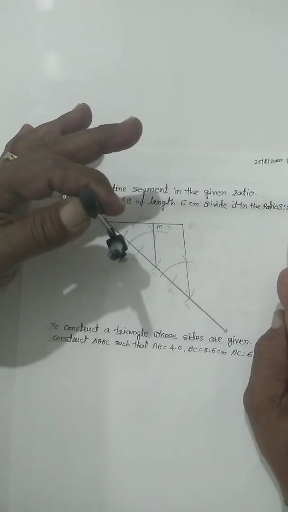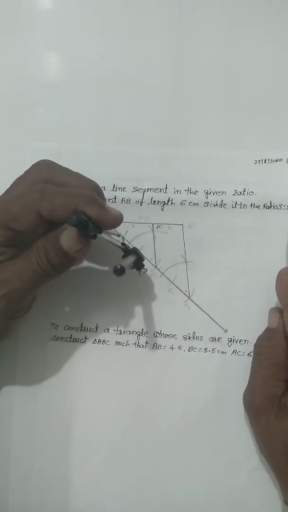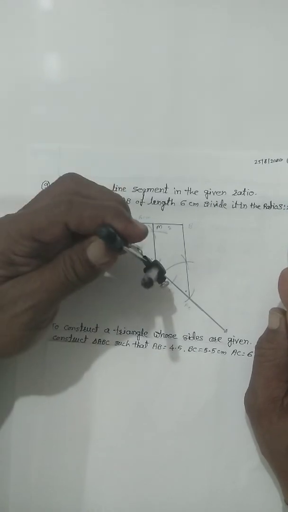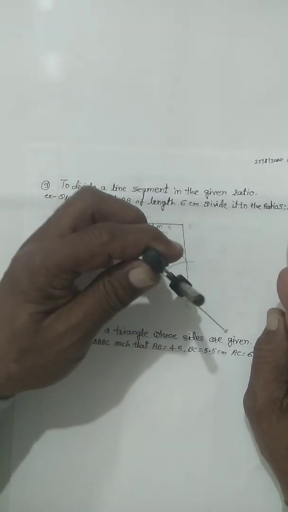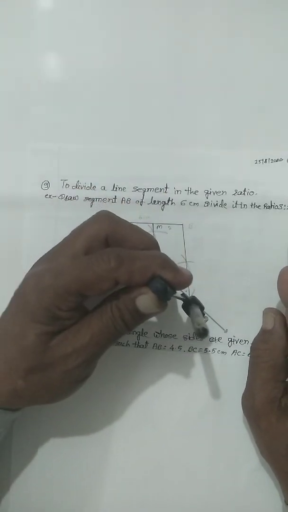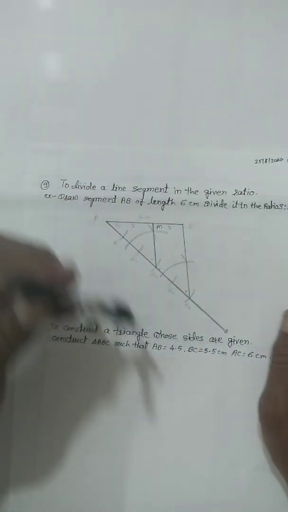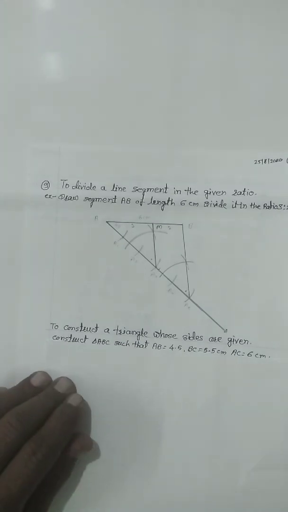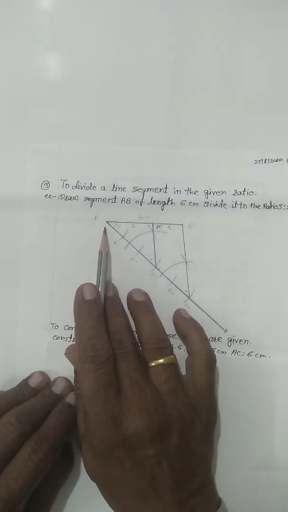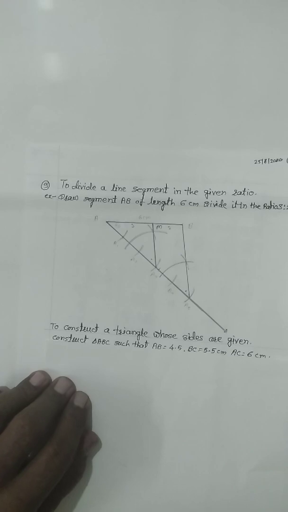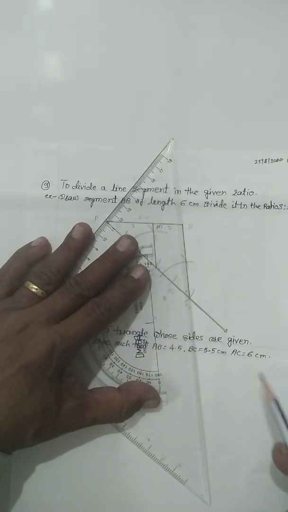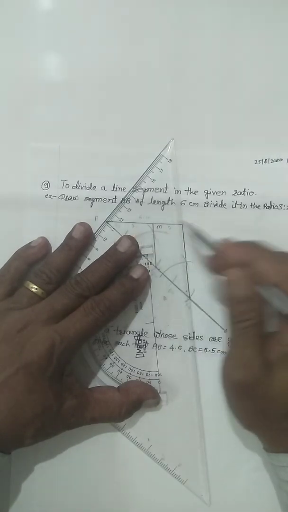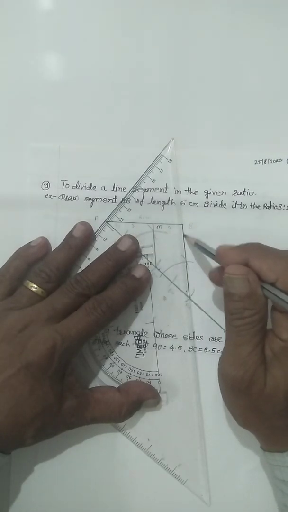So draw the 5 arcs on this ray, 1, 2, 3, 4 and 5. In this way we draw the 5 arcs on this ray and join this 5th arc with the point B, that is the end point of this segment.